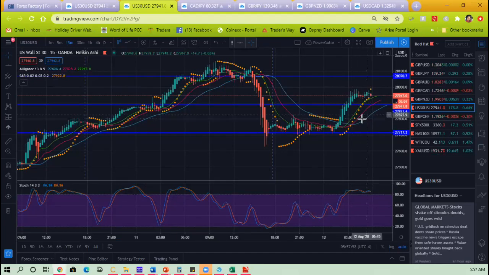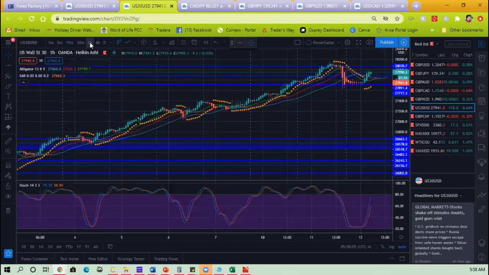See, alligator mouth is wide open into a buy. The 1 hour, okay, the 1 hour, the green just crossed the red and the blue into a buy. So that's good for the 1 hour.